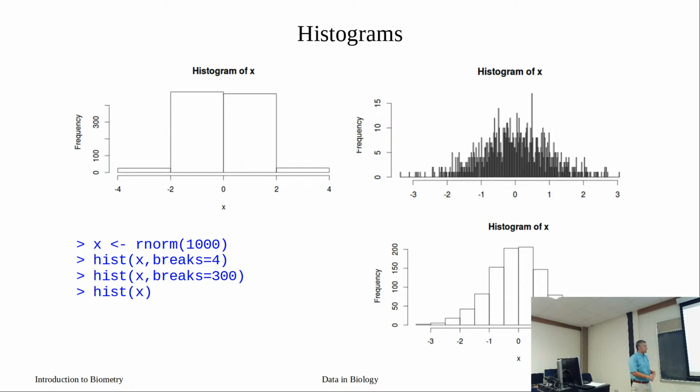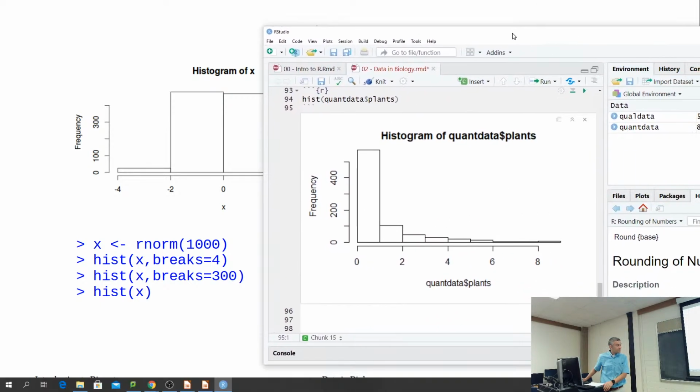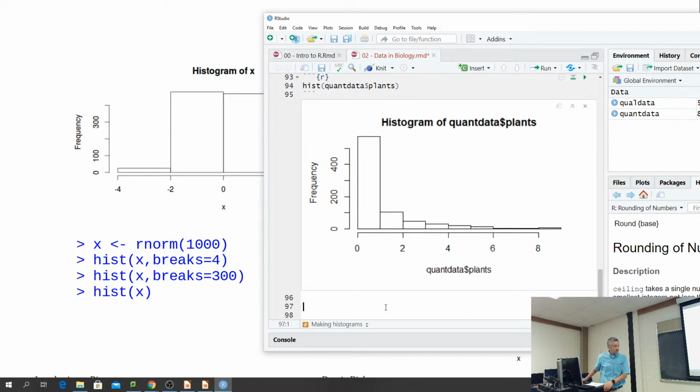All right, this one is r because it's saying we want to generate a random number from the normal distribution. All right, and the question is, how many random numbers are we going to generate? 1,000.